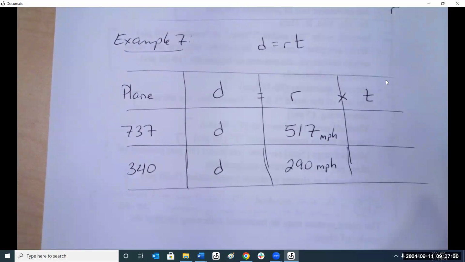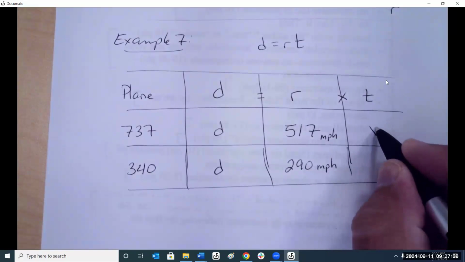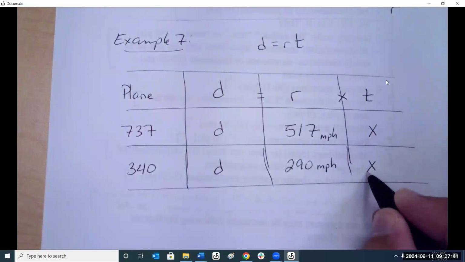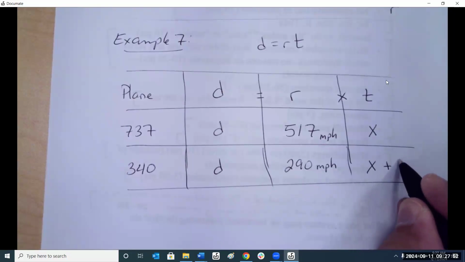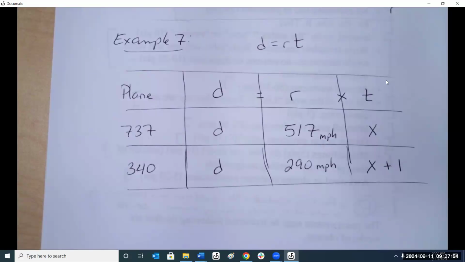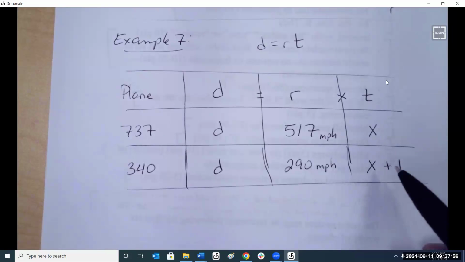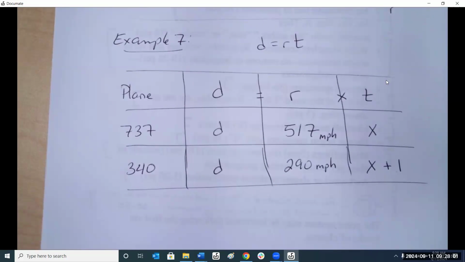The only thing different between these planes is when they took off. So they both deal with some variable here. Did they take off at the same time? Who took off first? The 340. So it took off 1 hour in advance. So whatever time you have, 1 hour ahead is the Saab.